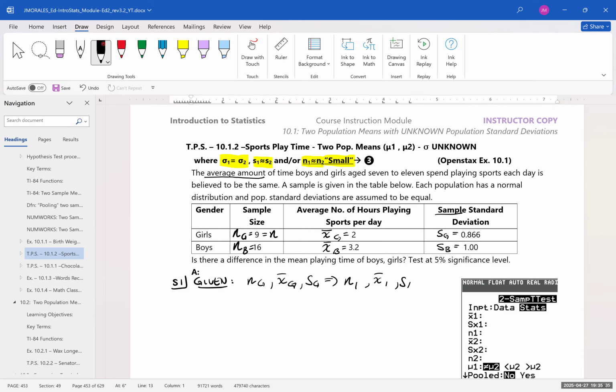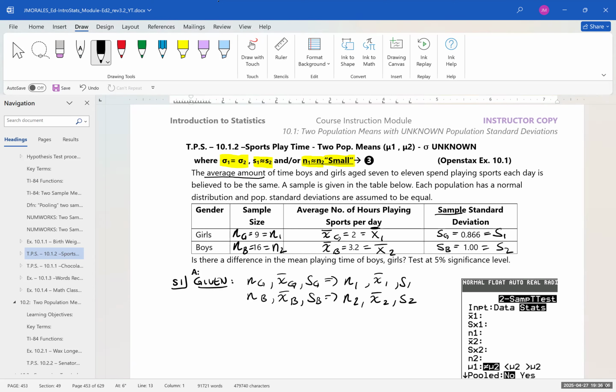So this will be N1, X bar 1, and S1. And then the same for boys, that'll be 2. So that's going to be N2, X bar 2, and S2.